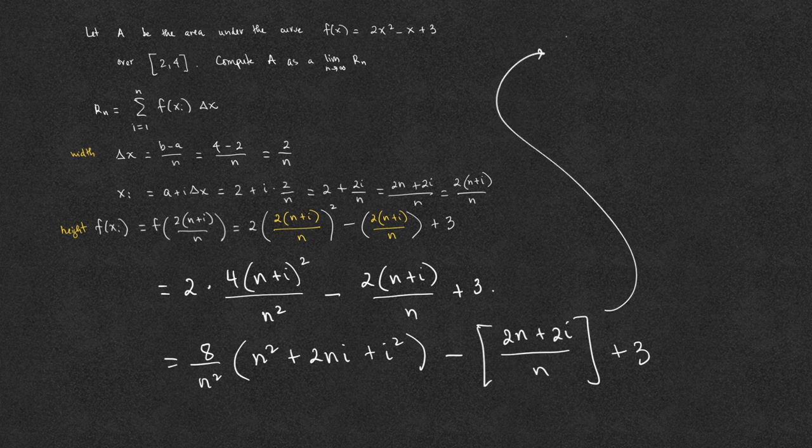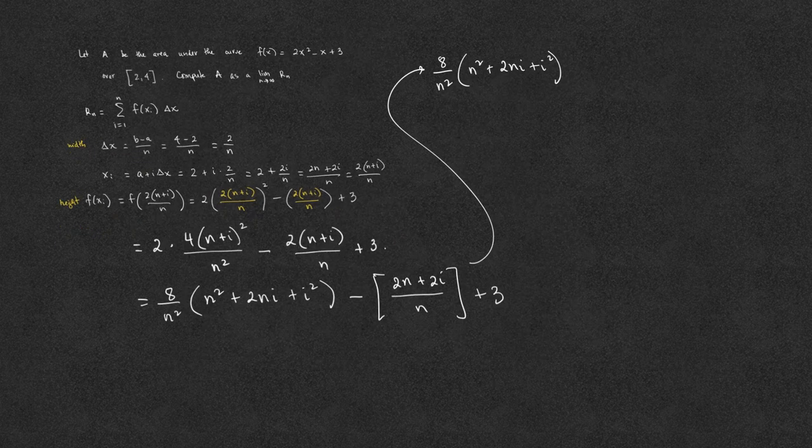And this is 8 over n² times (n² + 2ni + i²), minus, we still need to simplify this, 2n over n is 2, plus 2i over n, plus 3.